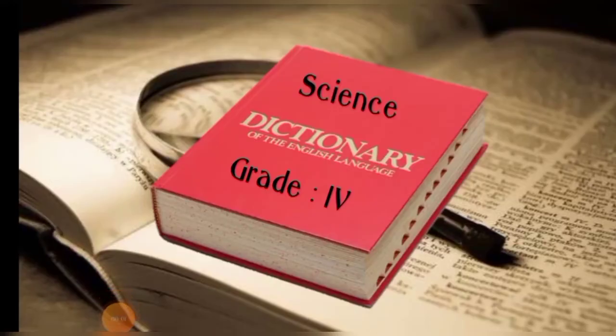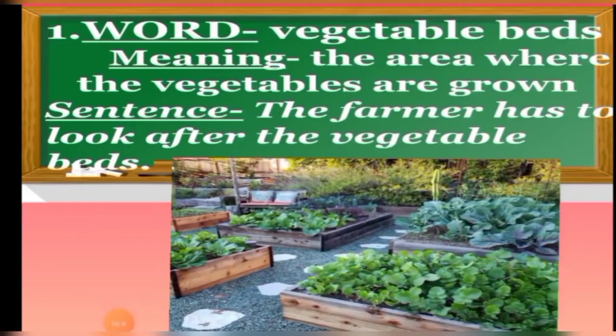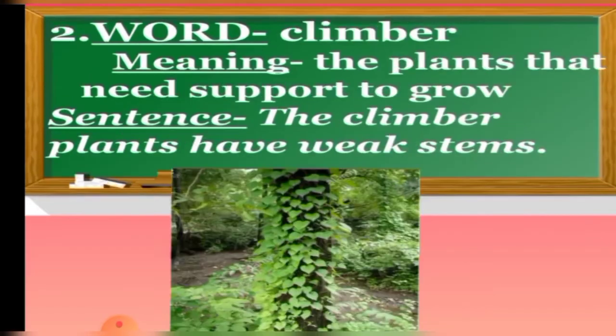Now kids, it's time to refer to the dictionary. Our first word is vegetable beds. The areas where vegetables are grown are called vegetable beds. The farmer has to look after the vegetable beds. Second word is climber.